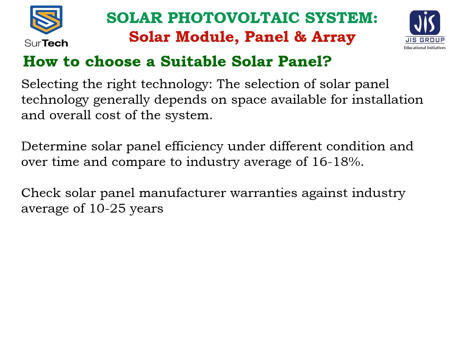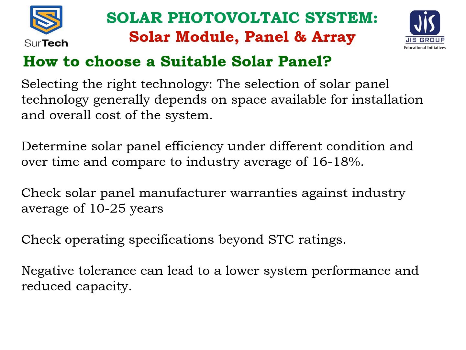Check the solar panel manufacturer warranties against the industry average of 10 to 25 years. Check the operating specifications beyond the STC rating. Negative tolerance can lead to lower system performance and reduced capacity. So by these 5 parameters you can choose the suitable solar panel.